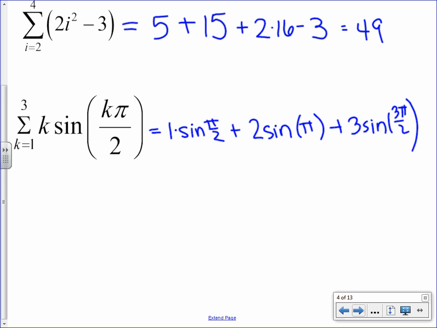So let's see if we can remember our unit circle. 1 times, what is the sine? 1. Next one's on the hot seat. Times, what is the sine of pi? John? 0. Great. Plus 3 times the sine of 3 pi over 2. Aaron?